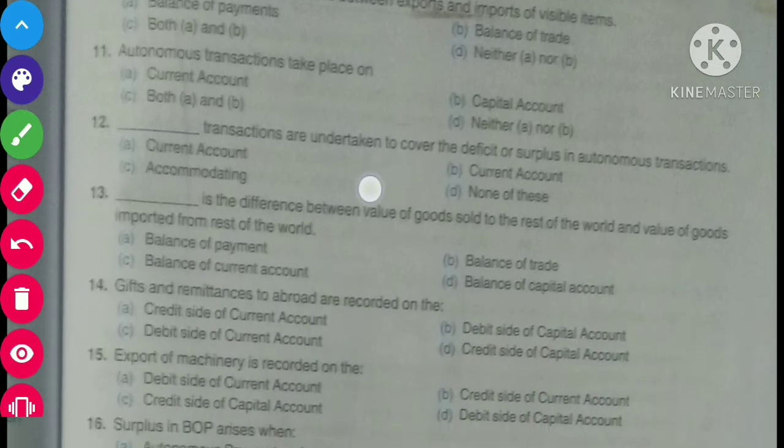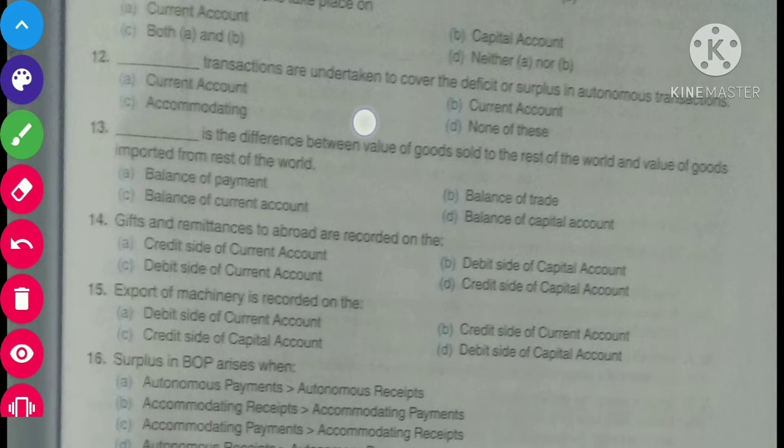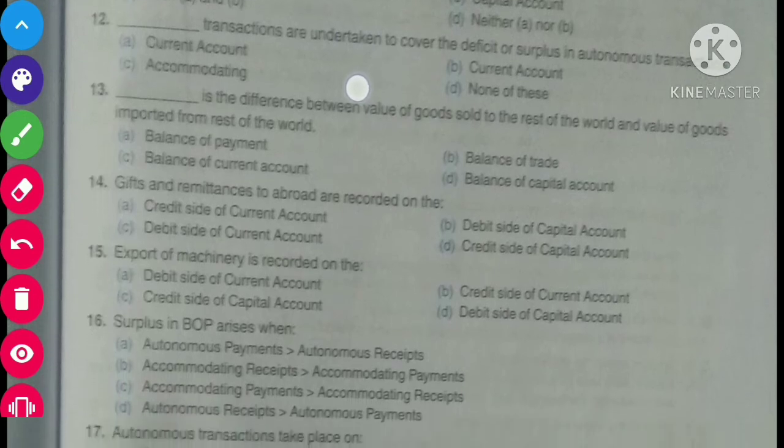12. These transactions take place to cover the deficit or surplus in autonomous transactions. Option A, current account, option B, capital account, option C, accommodating, option D, none of these.